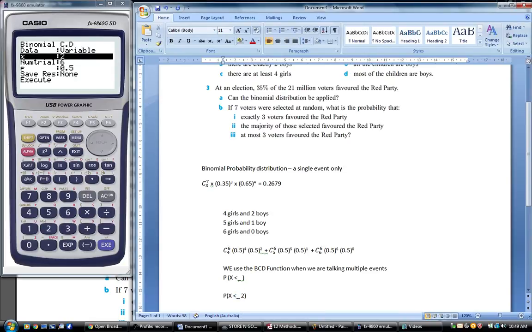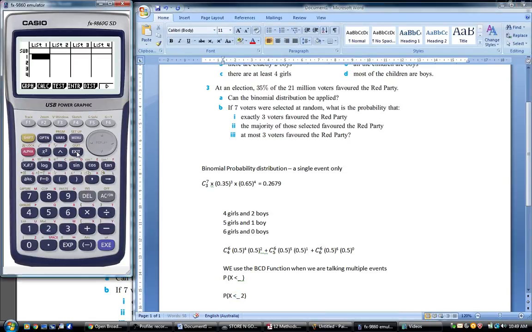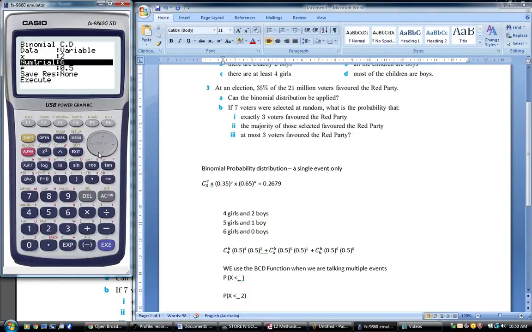So the way we're going to do this is we go into our statistic function in the main menu, distribution, binomial, and we're now doing BCD, binomial cumulative distribution. Let's click on that. Now our number of trials is still 6.